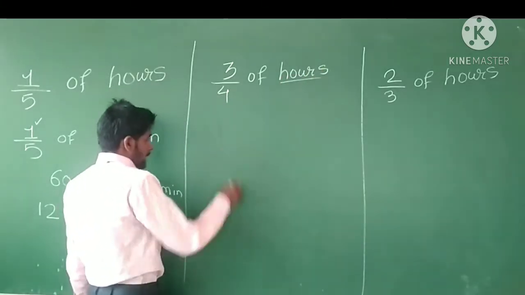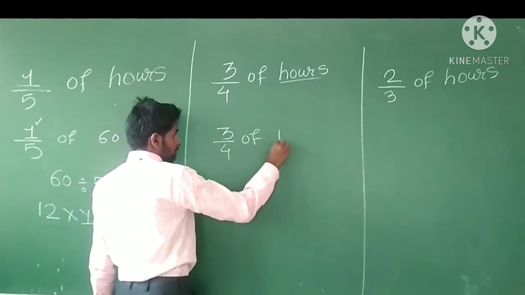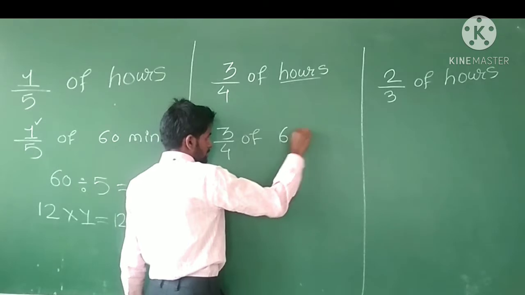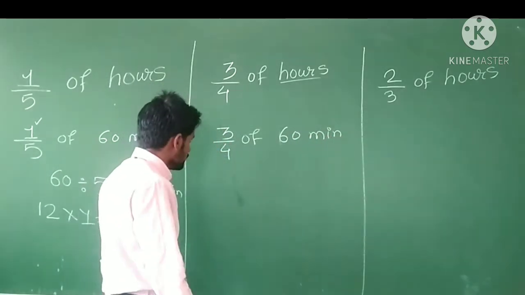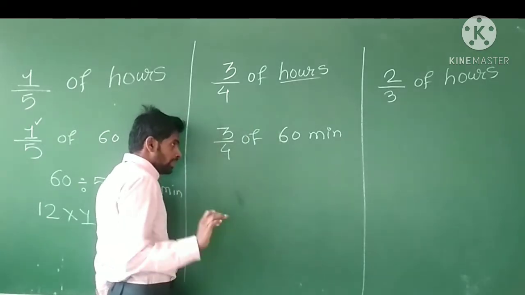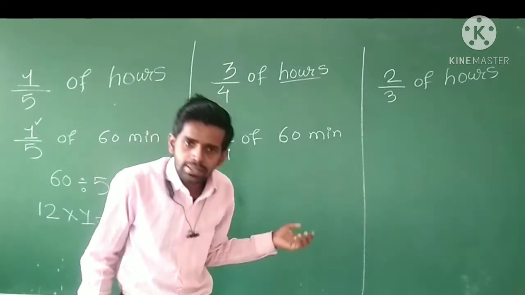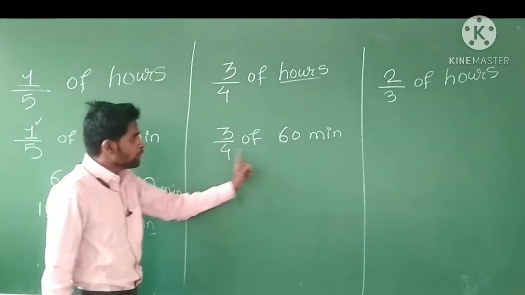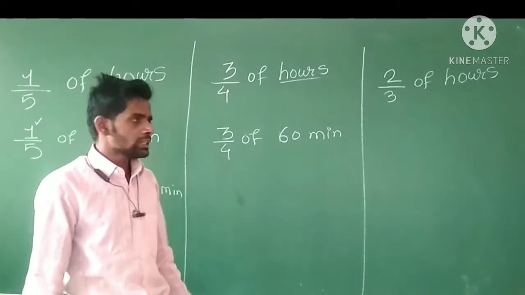First of all, replace these hours by 60 minutes. By 60 minutes. Sorry, 60 लिख दिया. Now we have to divide this 60 into 4 equal parts. Listen, my dear. It is 3 by 4 of 60. Yes, it is 3 by 4 of 60.